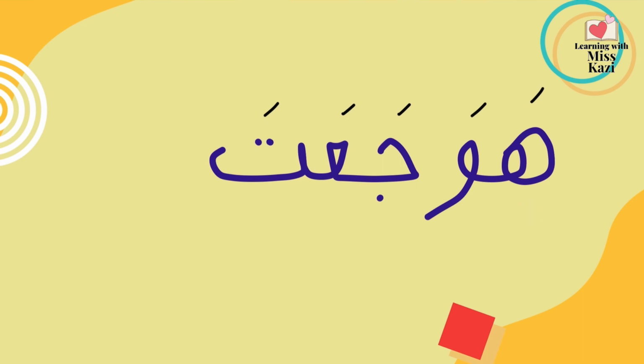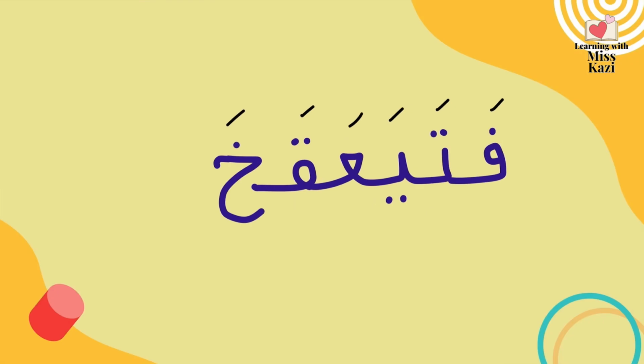Ha, Wa, Kha. Is this a Kha? It has a dot below it. It's Ja. A, Ta. Good. Next one. Fa, Ta, Ya, A, Fa.